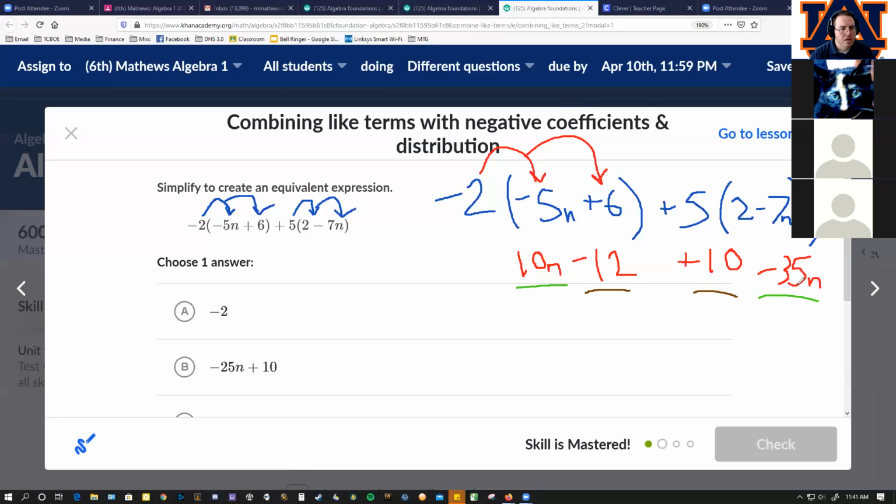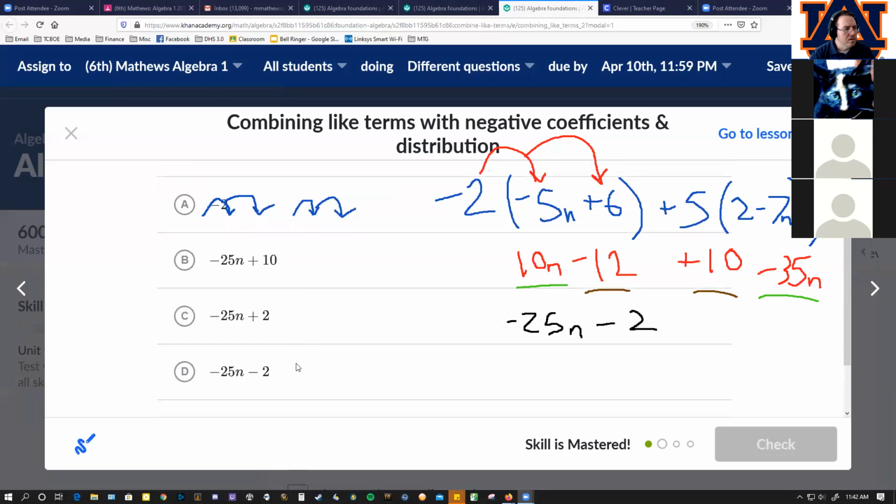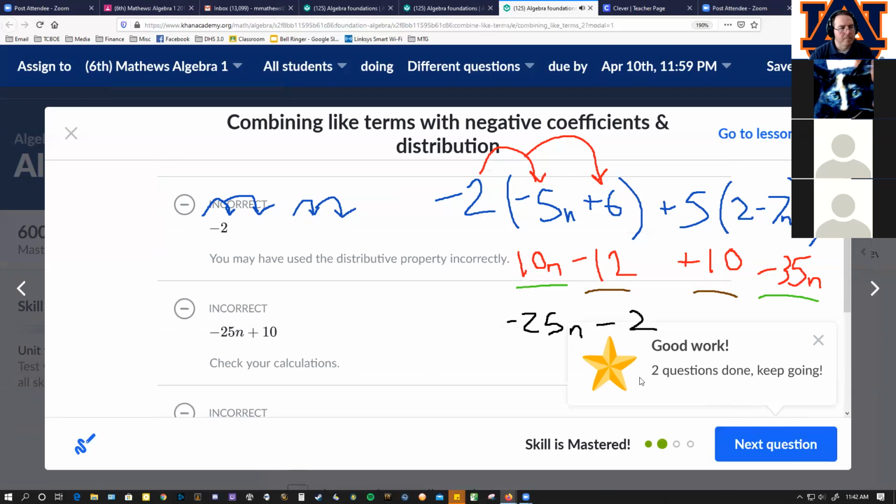That's a positive 10n and minus 35n, that'd be negative 25n. And then negative 12 plus 10 should just be minus 2. Is that one of our options? Negative 25n minus 2. That's what I'm going to go with. Yeah. Sweet.